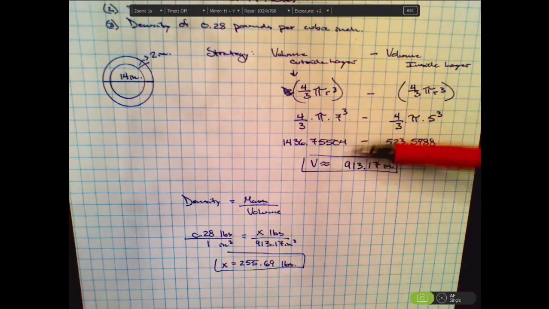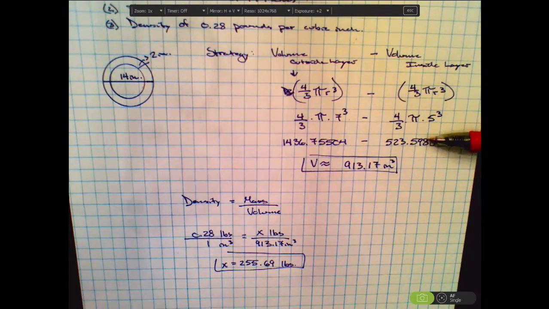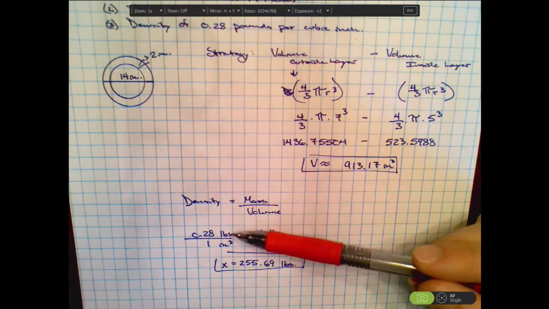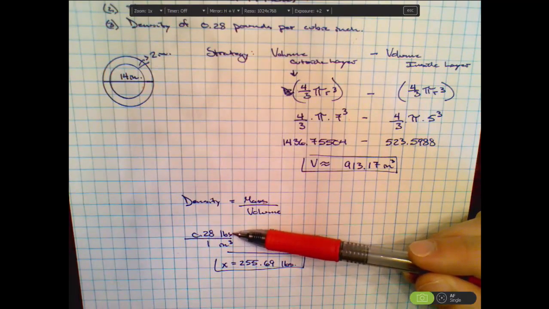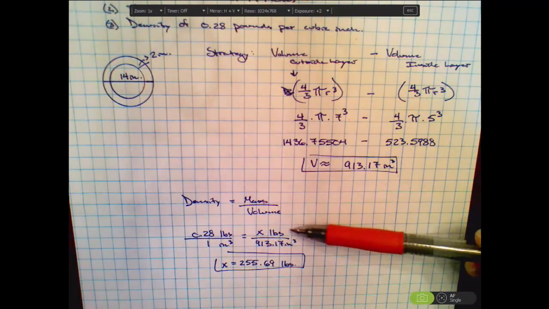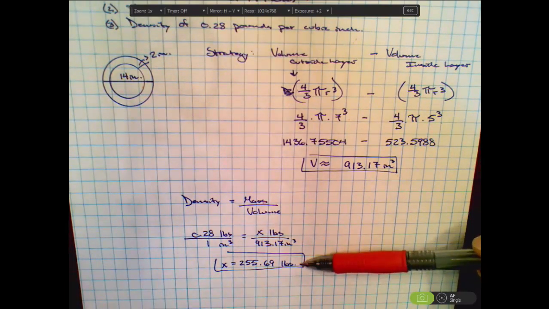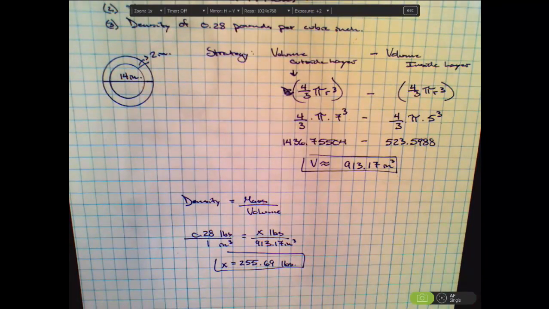You find the volume of the outer sphere and the inner sphere, you subtract those two, and you'll get a volume of 913.17 cubic inches. Density is mass over volume. If the density given is 0.28 pounds per cubic inch, you can set up a proportion to solve for the pounds given the volume. And that weight is 255.69 pounds.